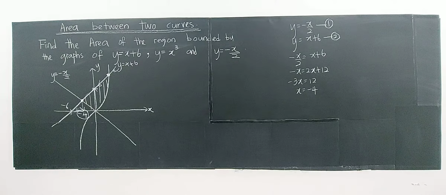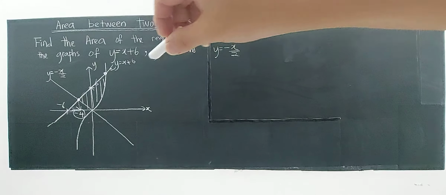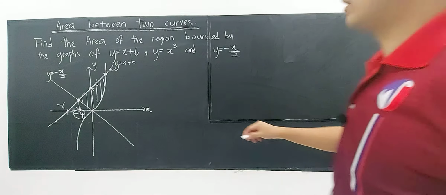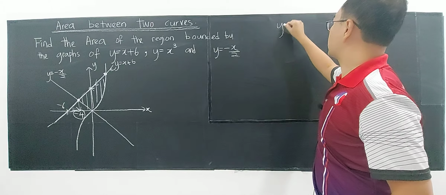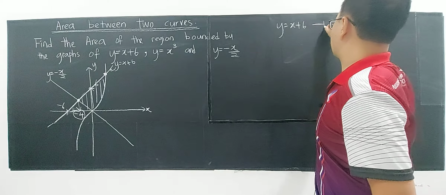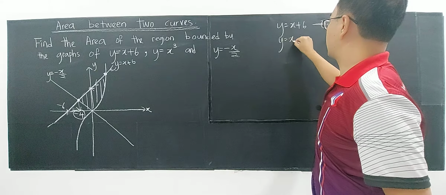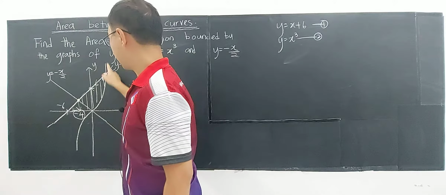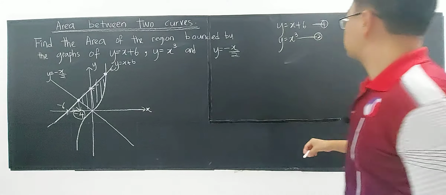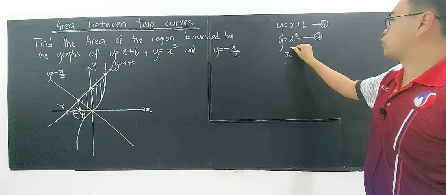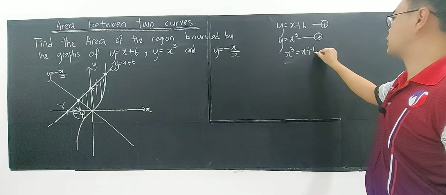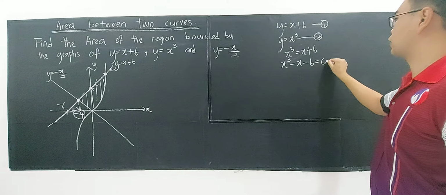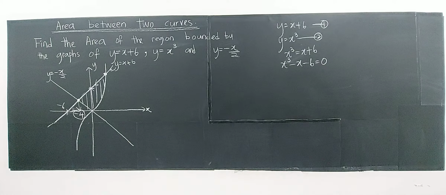We find the intersection between the line y equals x plus 6 and the graph y equals x cubed. To find this point we equate the y, since at the intersection the x value is the same. So we have to solve a cubic equation by using the knowledge of polynomials.